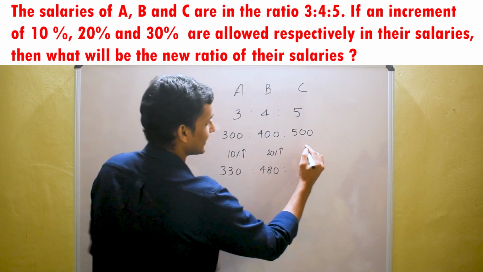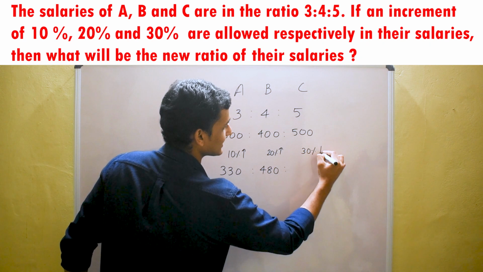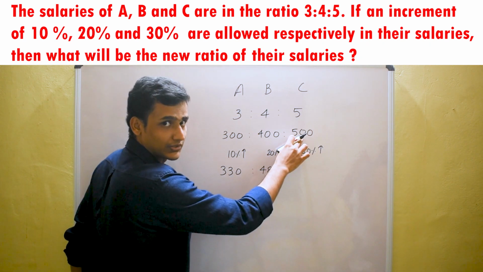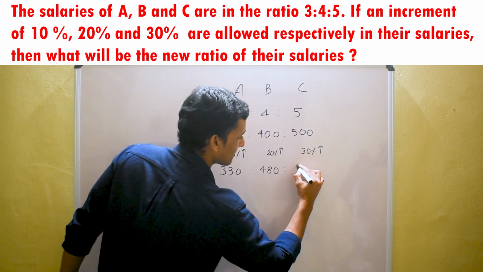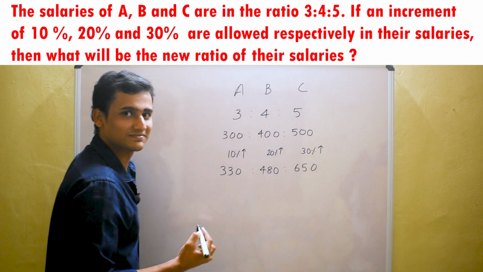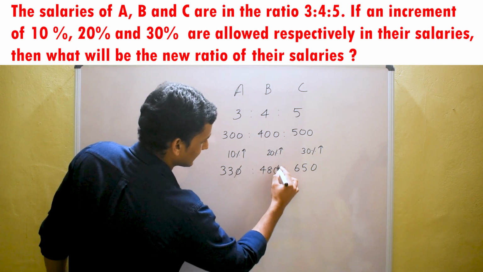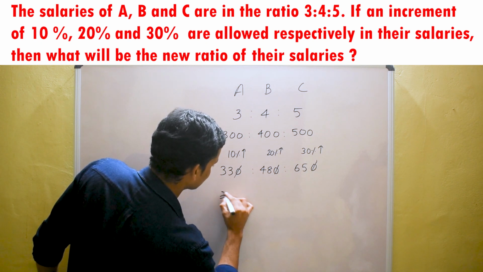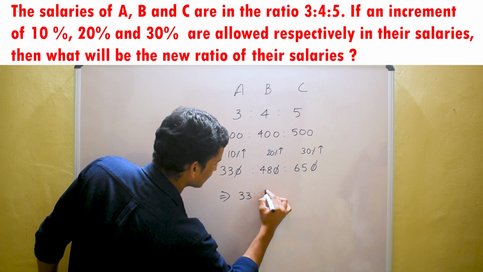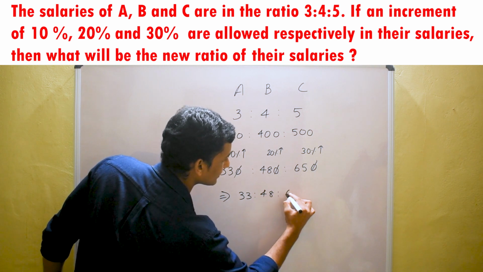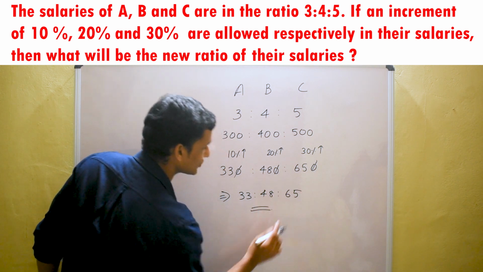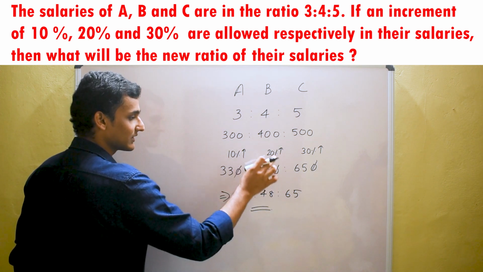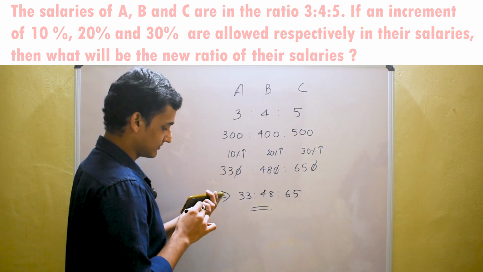For the third one, for C, 30% increment, 30% of 500, 150. 500 plus 150, 650. Now, cancel. No other common terms, so your answer will be 33:48:65. So the ratio of their new salary is 33:48:65. That's all.